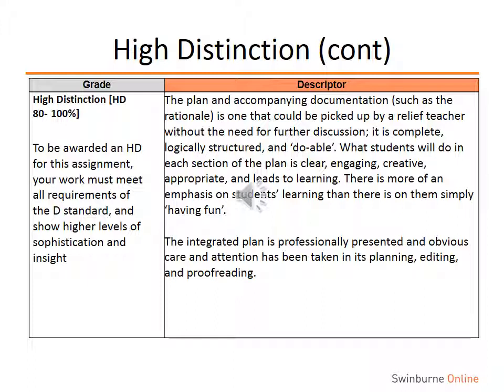Your plan will be creative. Use your creativity. Make it fun for the children. Make it professionally presented and easy to use. And edit and proofread. Make sure there are no mistakes within it.